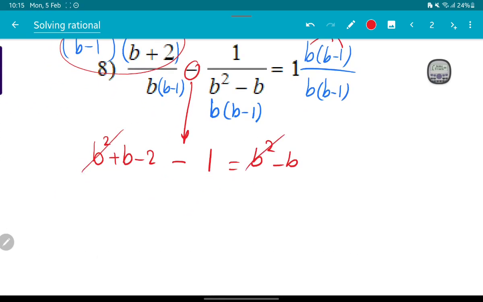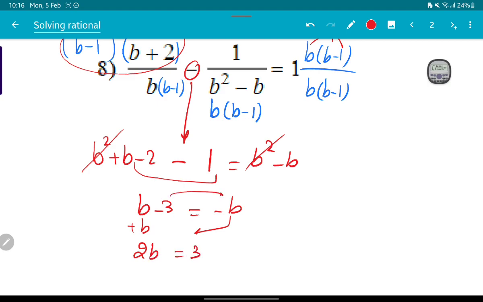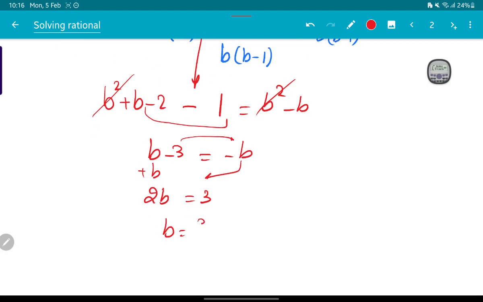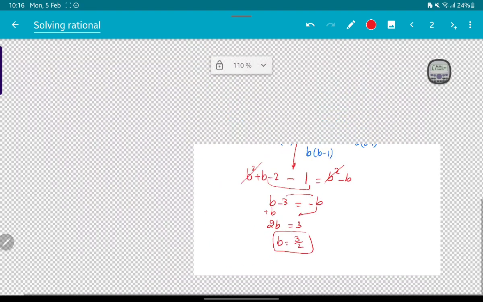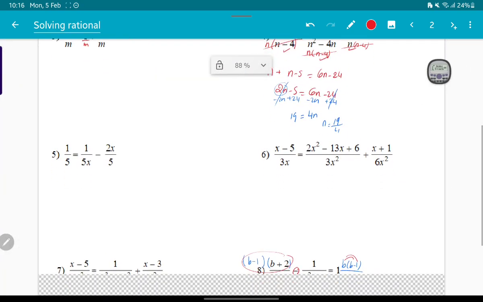Now you can see that we can cancel b squared with b squared. This will leave b minus 3 in this side equals negative b. We need to send this b positive b, so we have 2b, and this to the right side would be positive 3. Now we have b equal 3 over 2. This is how to solve.